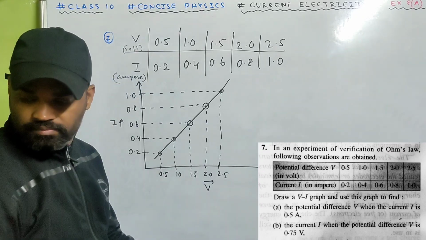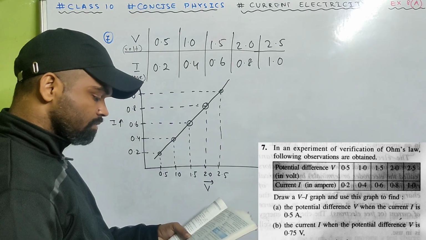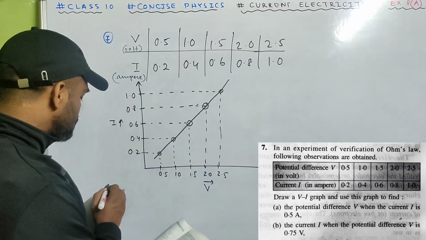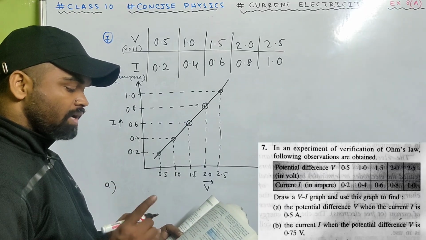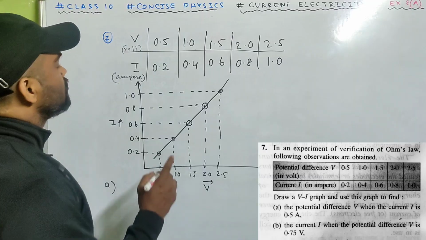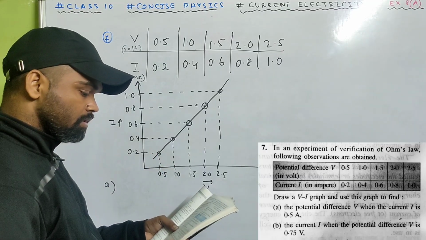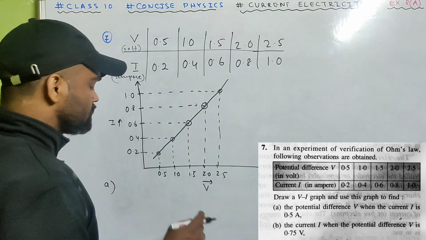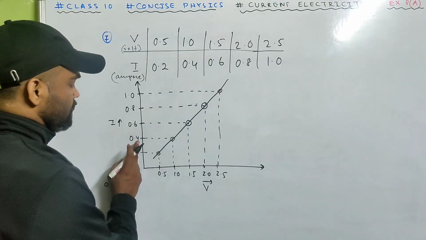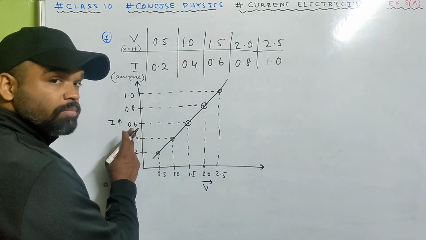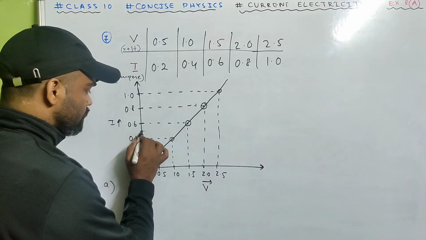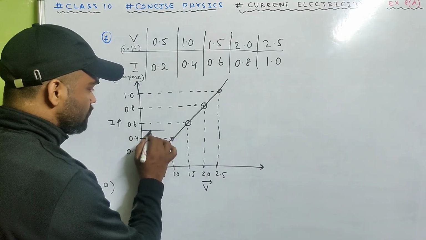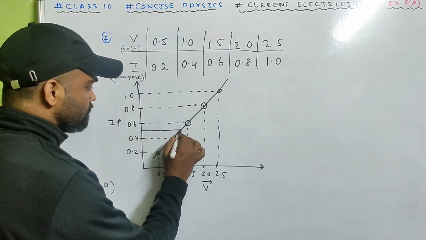Now what have they asked? They've asked the potential difference V when the current I is 0.5 ampere. See, 0.5 ampere, between 0.4 and 0.6. So suppose this is your 0.5. So from here we'll draw a line parallel to the x-axis.